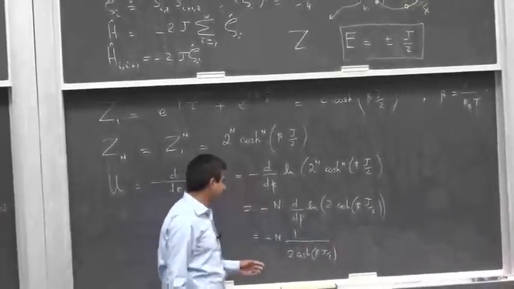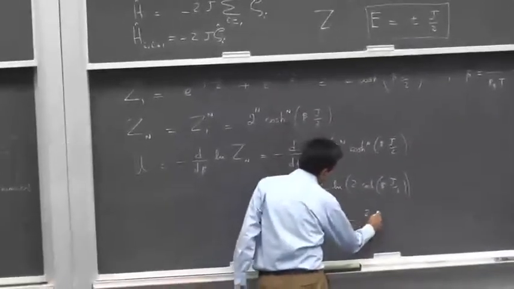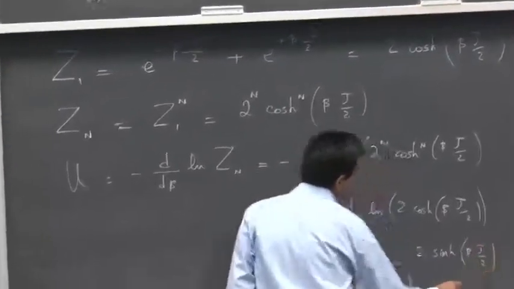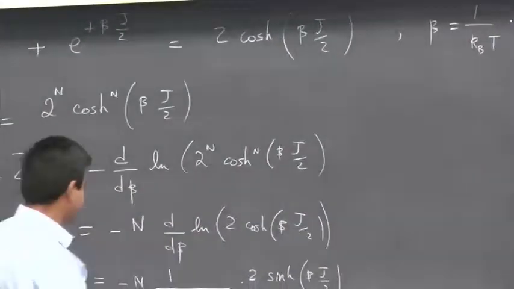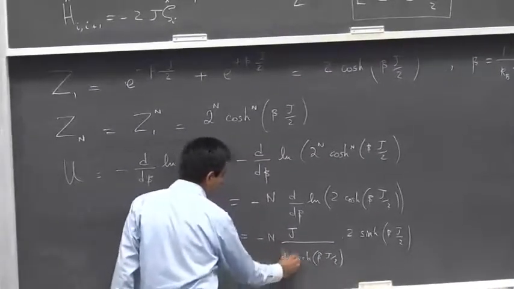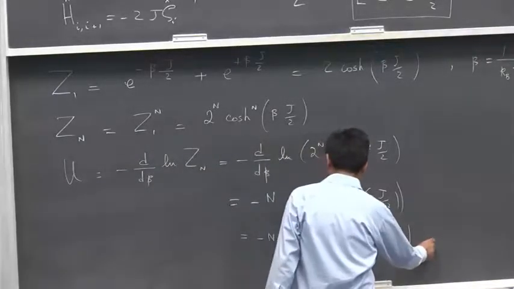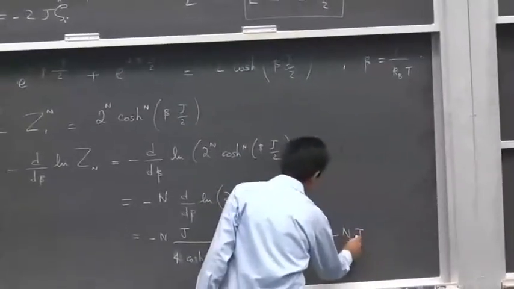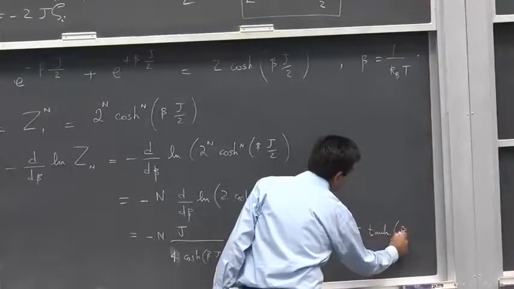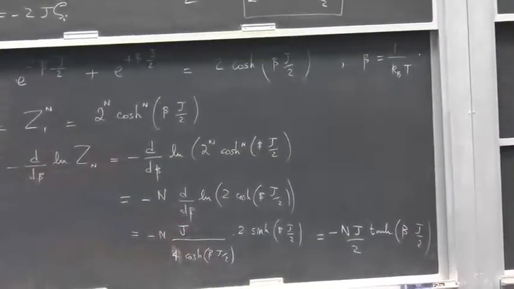And then we would like to write down the derivative of this, which is 2 sinh of bj by 2 into j by 2. This is minus nj by 2 tan of bj by 2. So we have found out the total internal energy of the system.